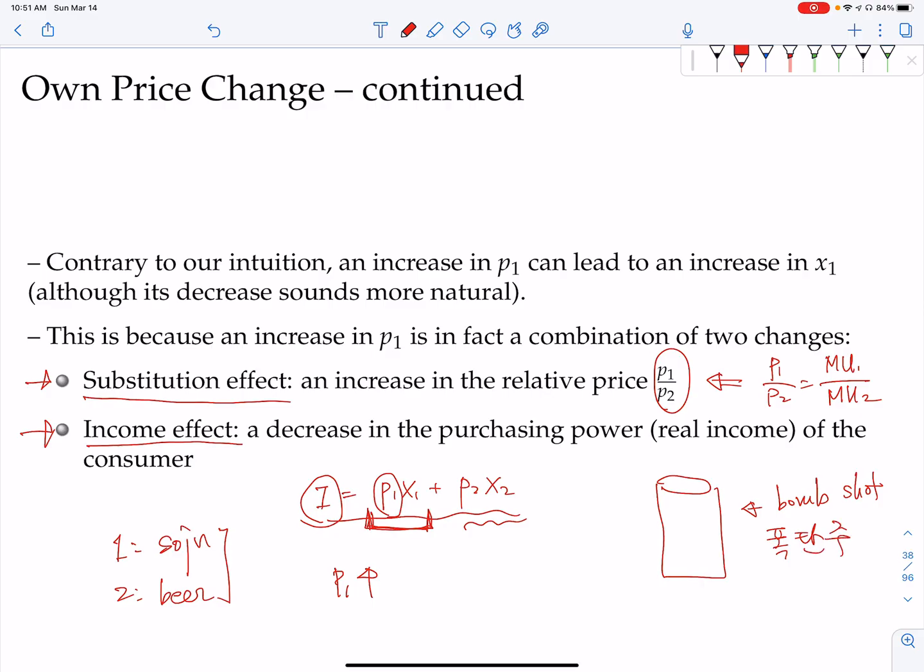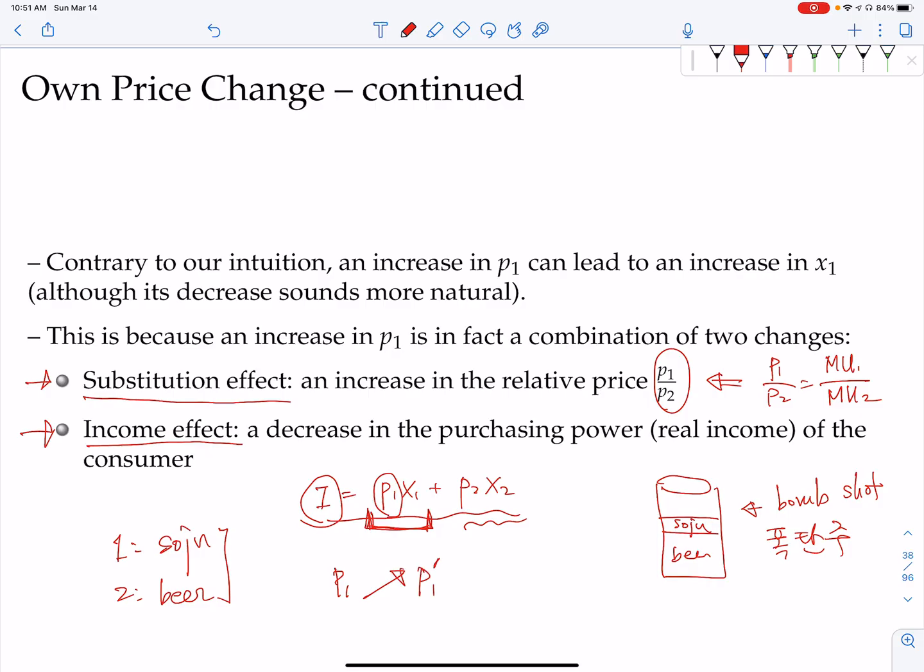So let's say you used to put this amount of beer and this amount of soju to make a bomb shot. But now soju became more expensive. So now it's P1 prime.